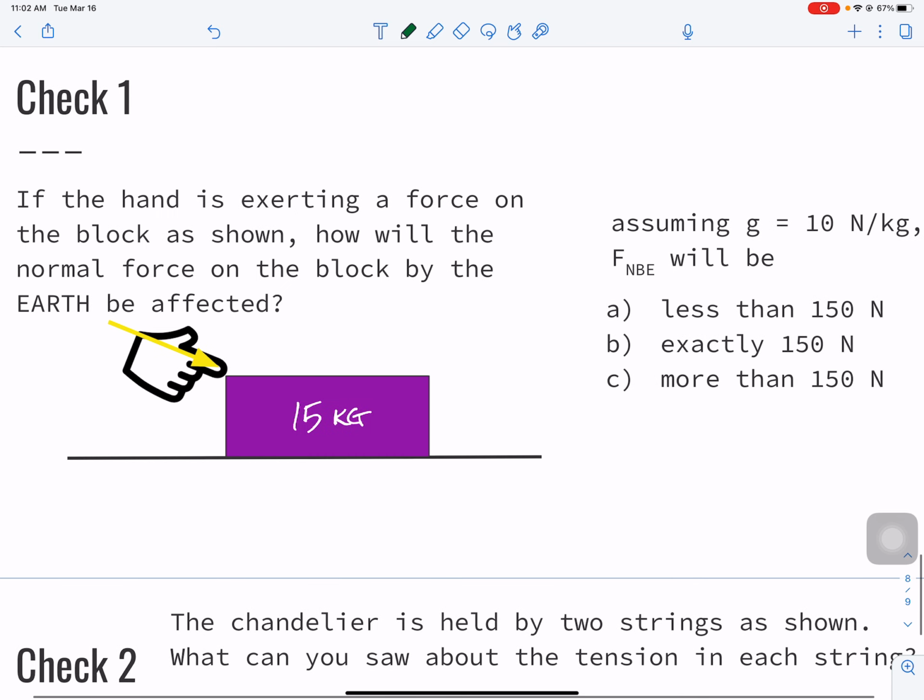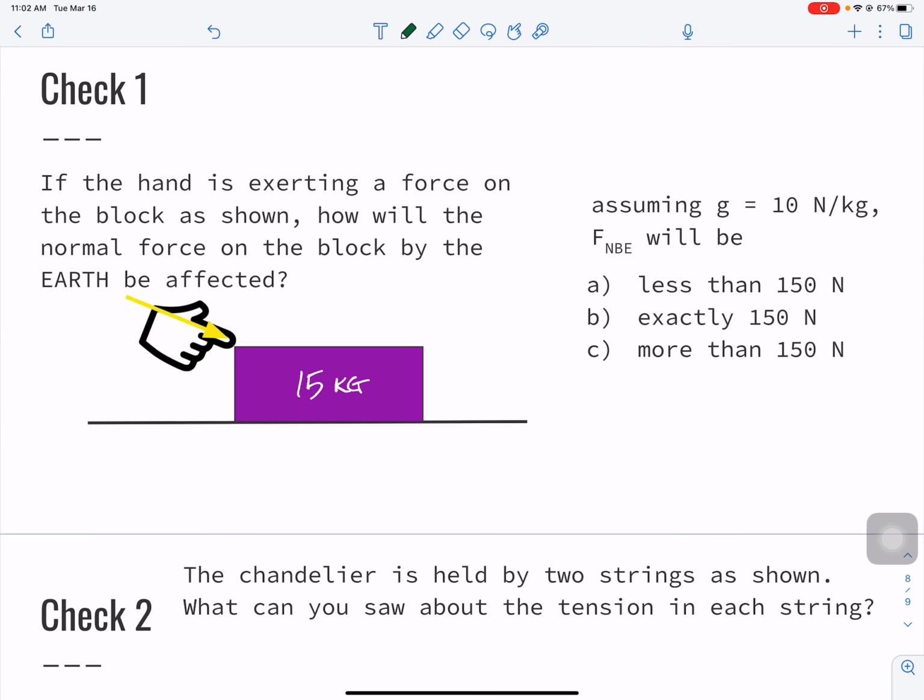Okay, the hand is exerting a force on the block as shown. How will the normal force on the block by the earth be affected? Assuming G is 10, it will be less than 150, exactly 150, or more than 150. So if we do our force diagram, our free body diagram, we know that we have W down, and we know that we have the force of the hand going this way.